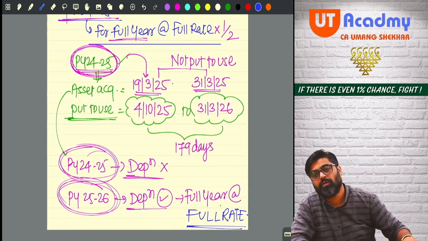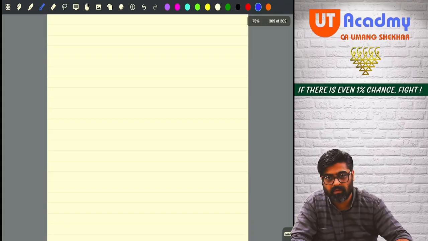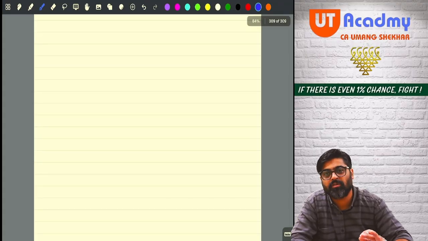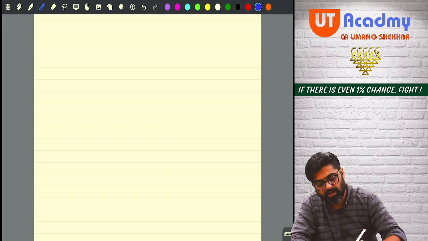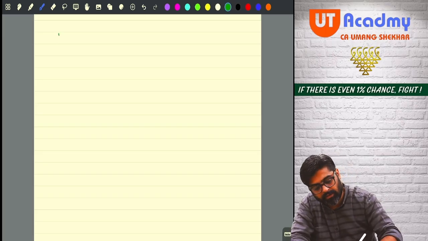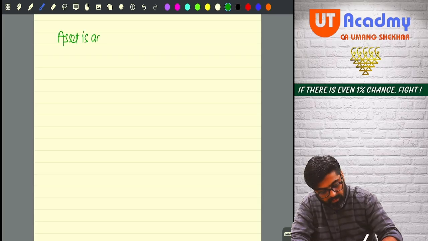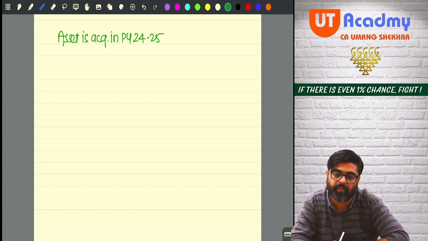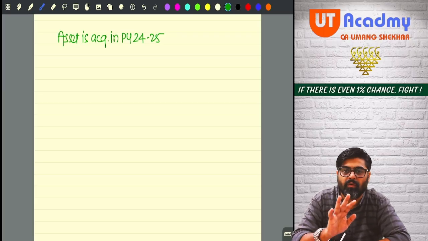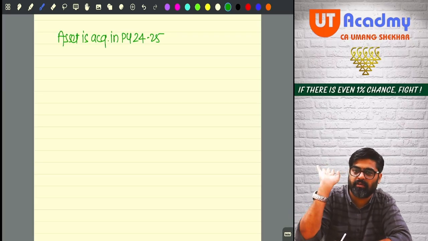So now, I will give you one trick. You will not have to count the number of days. Automatically, you will come to know whether the asset is used for 180 days or more or for less than 180. If the asset is acquired in previous year 24-25, so this is the first year in which the asset is acquired.